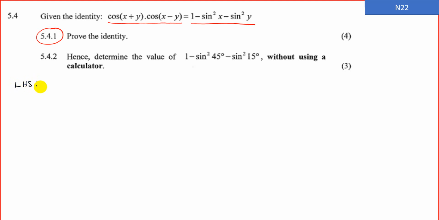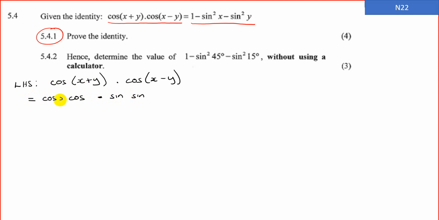And the left-hand side says cos(x + y) times cos(x - y). Now, I'm going to use the compound formula to expand. So the first one would be cos, plus will change to minus sine.